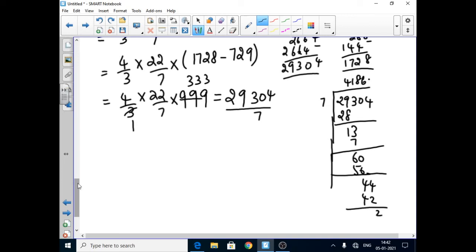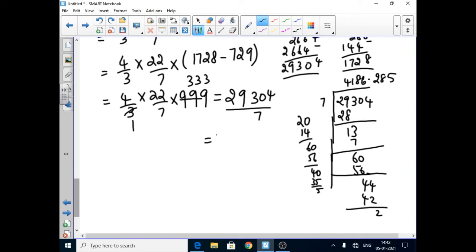Okay, so point, 2, then 0 comes, 2 7s are 14, remaining 6, 8 7s are 56, so the remaining 4, then 5 sevens are 35.